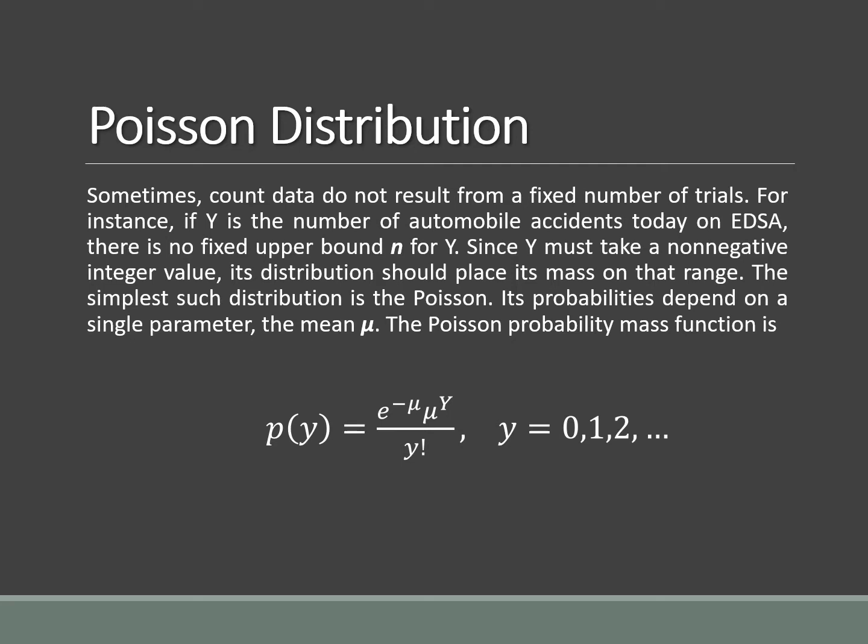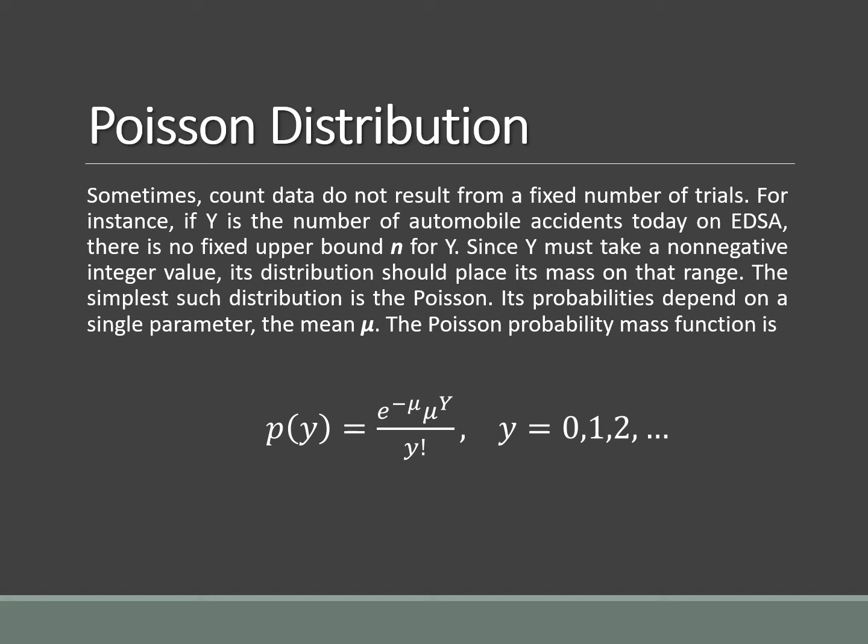Now, for variables with relatively few possible outcomes, we have the Poisson distribution. Sometimes count data do not result from a fixed number of trials. For instance, we want the random variable y, which is the number of automobile accidents today on EDSA.